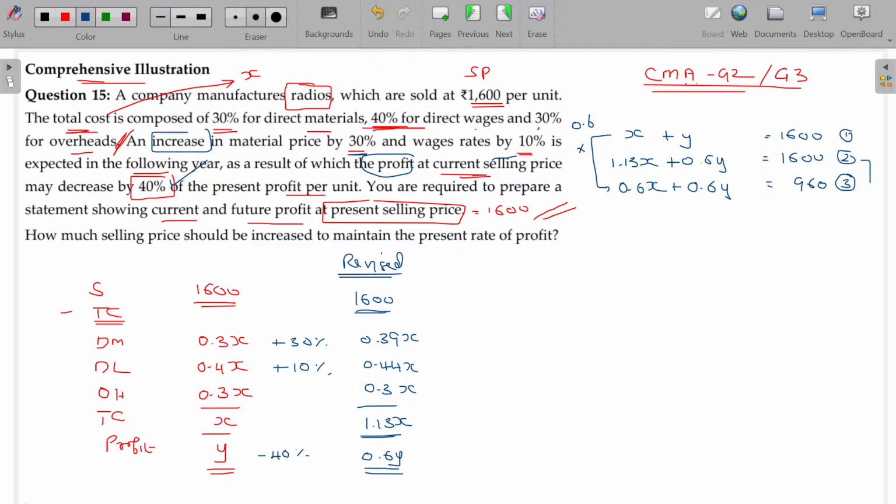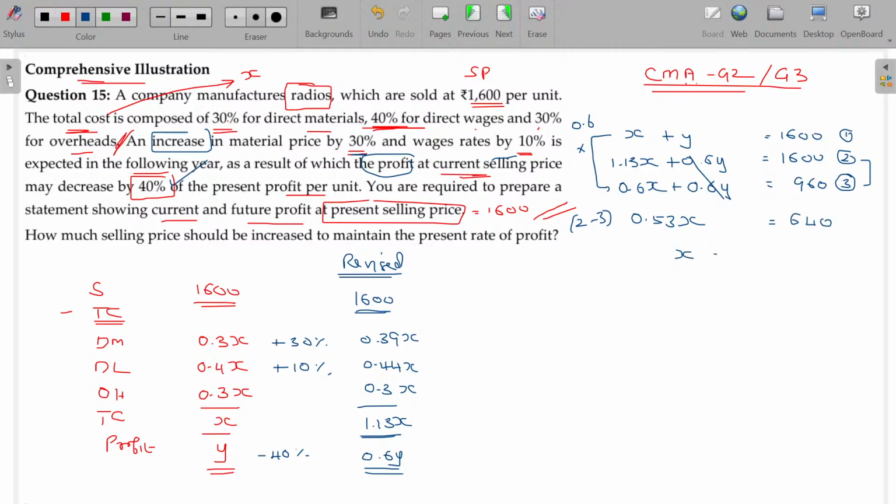Now I am going to subtract equation number 3 from 2. Automatically these two are cancelled. 1.13x minus 0.6x, 2 minus 3, how much? 0.53x is equal to 640.